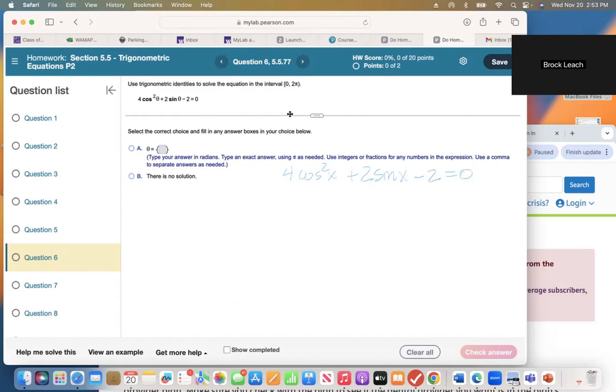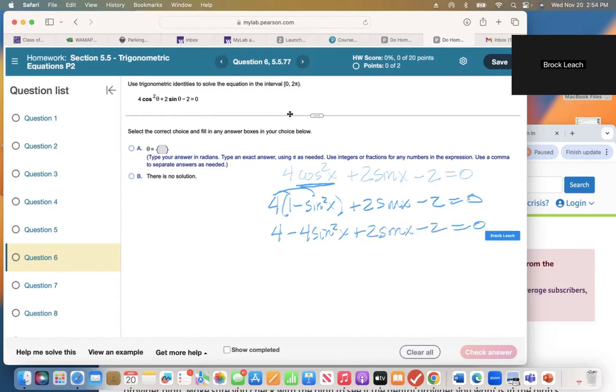And so we'll do the same thing. Let's get rid of the cosine, get these to sine. That's going to give me 4 times 1 minus sine squared x plus 2 sine x minus 2 equals 0. Notice I'm just rewriting it each time. Now we'll distribute the 4 correctly this time: minus 4 sine squared x plus 2 sine x minus 2 equals 0.